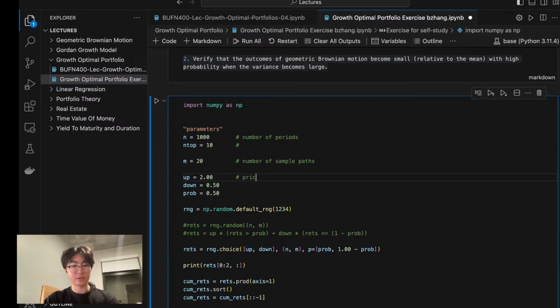So let's say price goes up by 2, price goes down by 2.